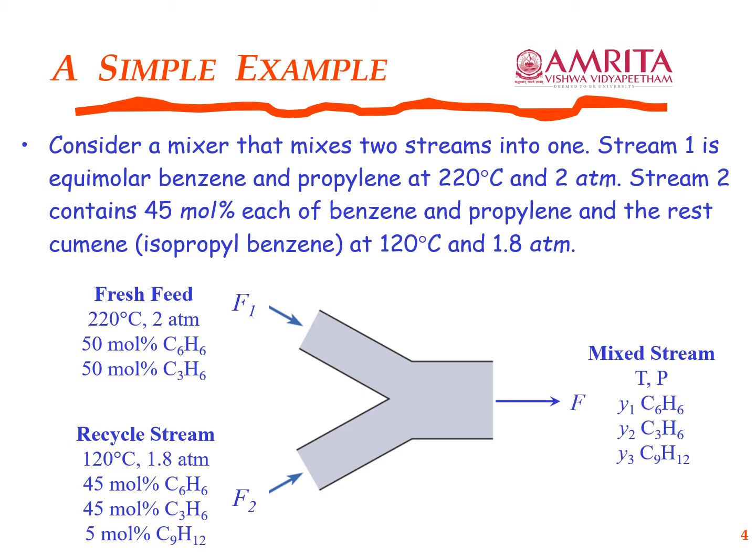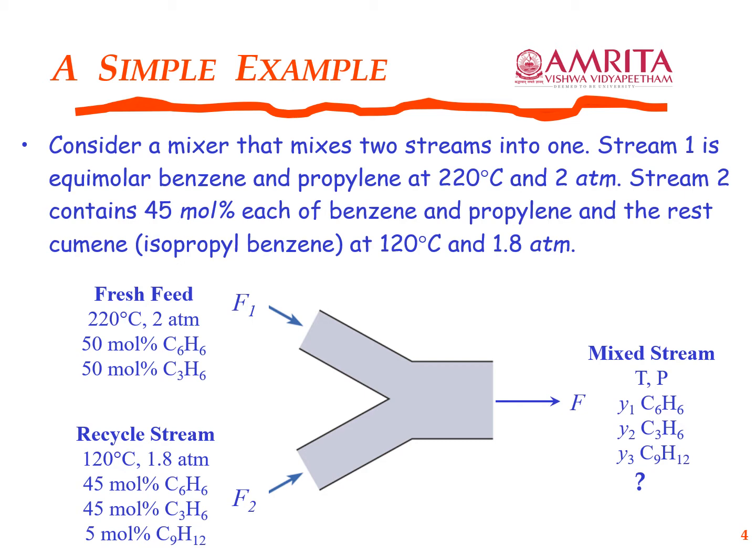Now, given these compositions, if you know the flow rates, will you be able to tell me what would be F, the outlet flow rate of the mixed stream? Will you be able to calculate what would be the compositions of benzene, propylene, and cumene in the mixed stream?